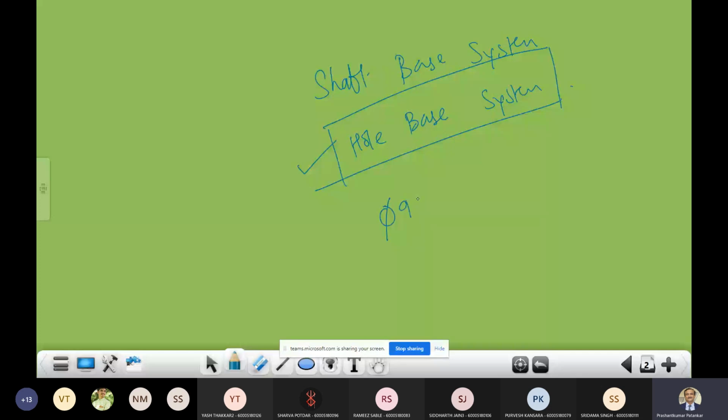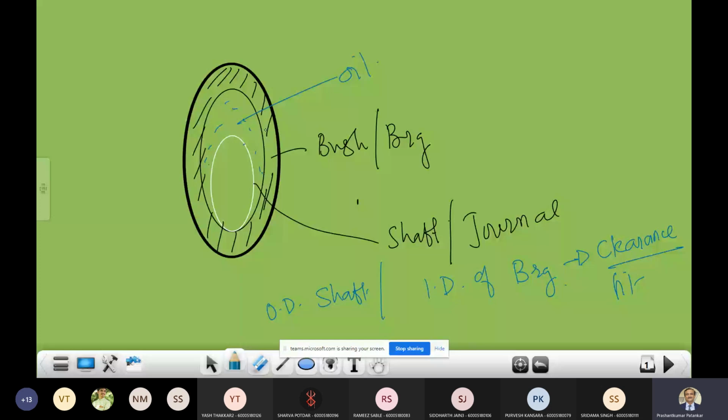In that case, I need to specify the tolerance on the inside diameter of your bearing and on that shaft diameter. This diameter is your inner feature, inner dimension, so I will treat it as a hole. And this diameter is your external feature, and hence it is treated as the shaft.